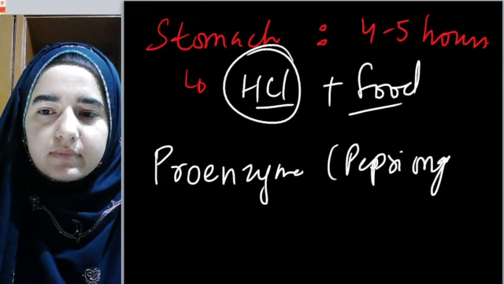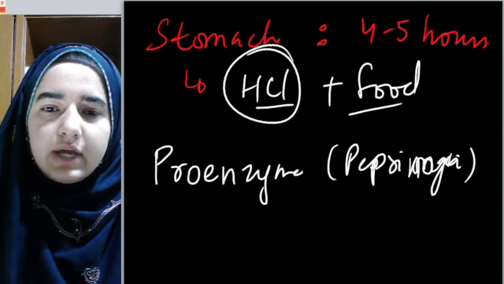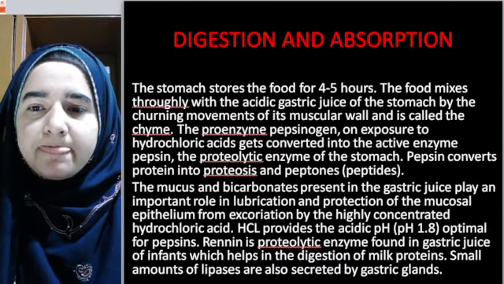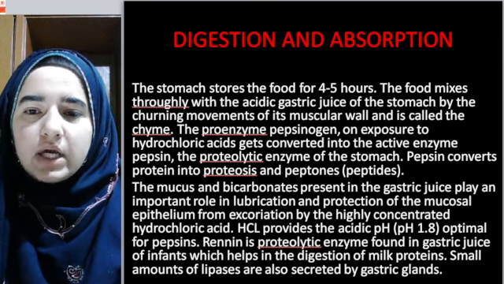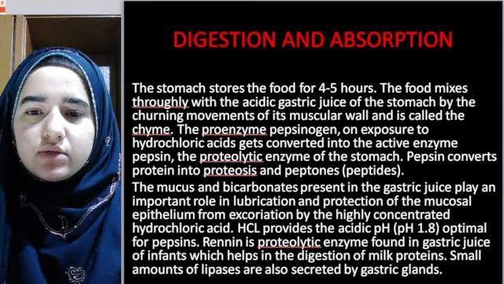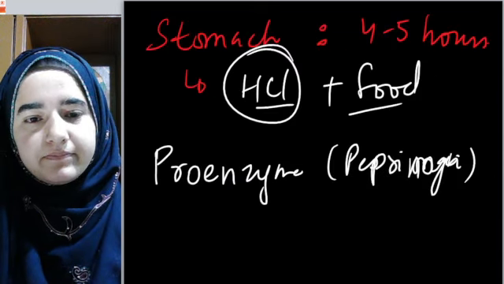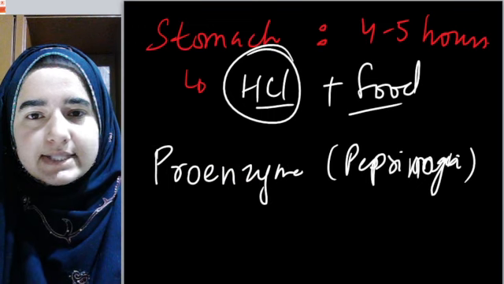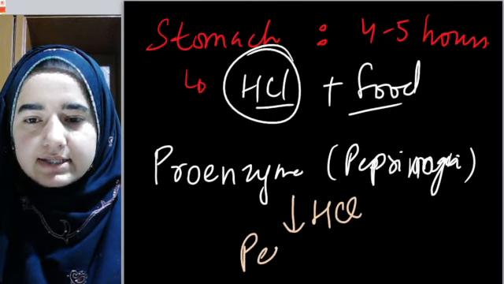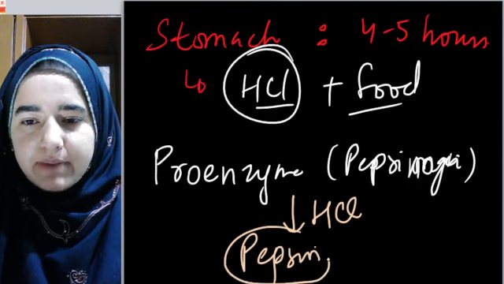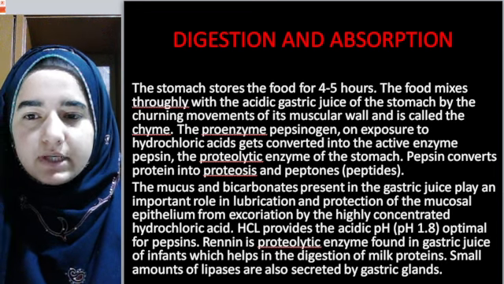We have proenzyme pepsinogen, on which HCl acts and it gets converted into pepsin. This pepsin then acts on the proteins in order to break them into simpler proteins.